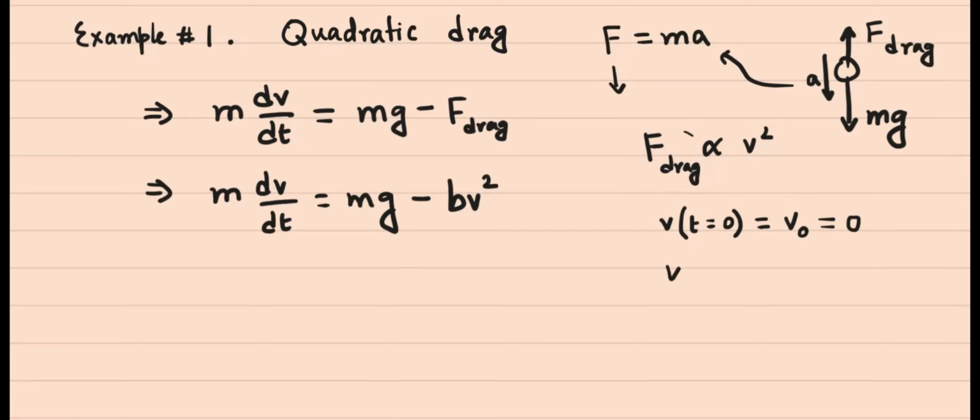So we define the velocity as t tends to infinity as v infinity, and we know this is a finite value, at least according to our intuition we can surmise that, and that can be defined as the value when the drag force catches up with the gravitational influence.